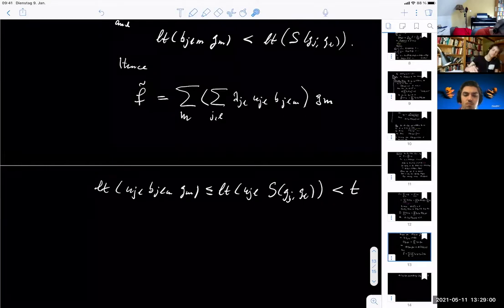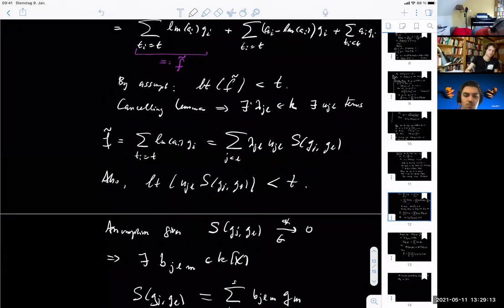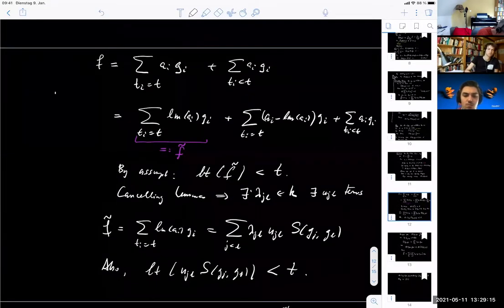Now plug in here. Here, the F twiddle is now replaced by this new representation.